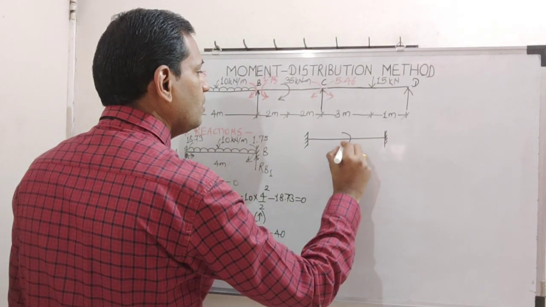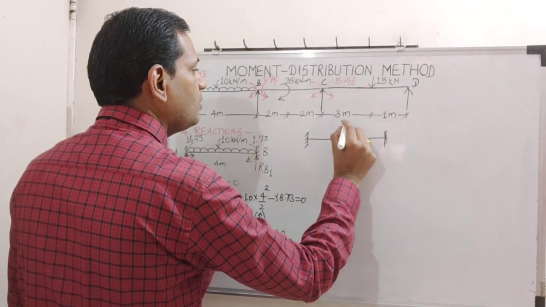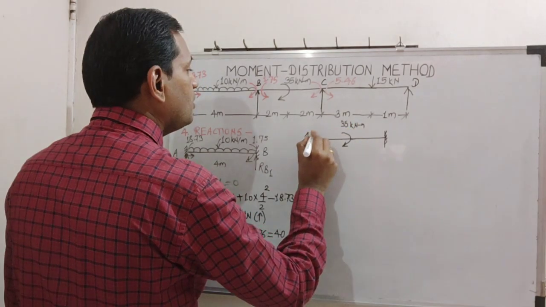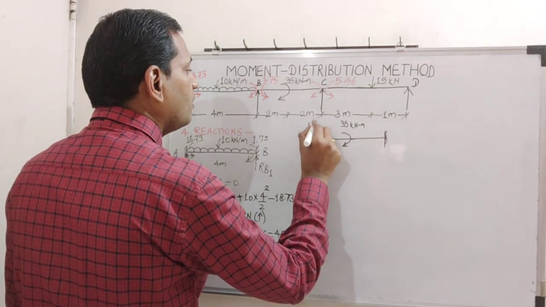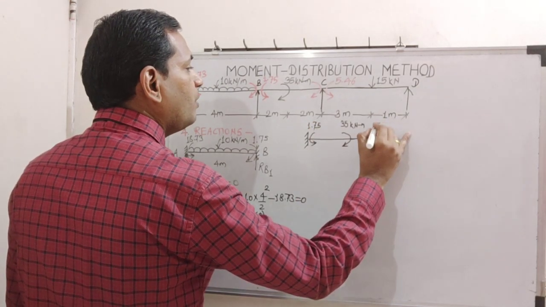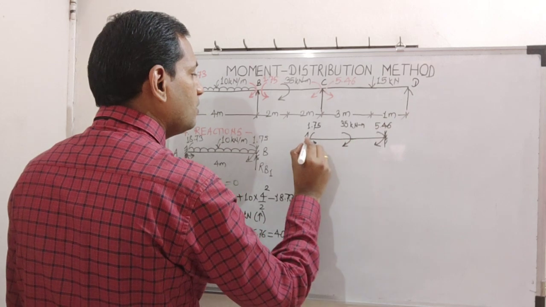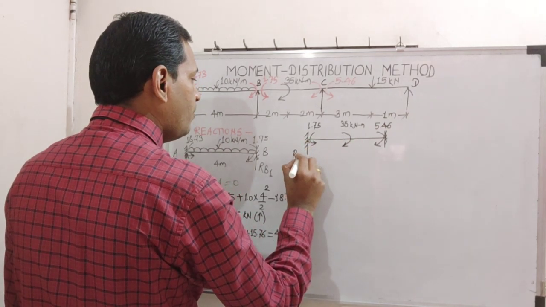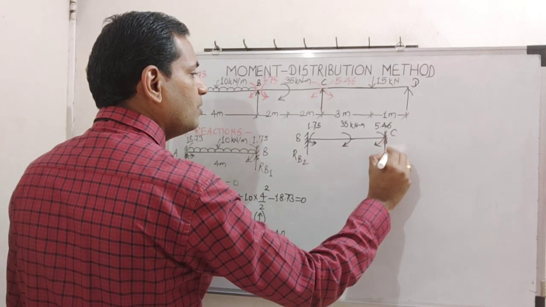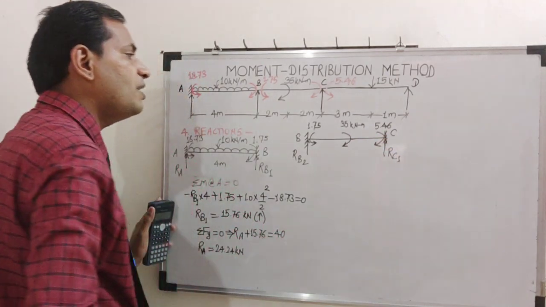So here we have this clockwise couple of 35 kilonewton meter. This is 1.75 anti-clockwise, this is 5.46 clockwise. We will say this is RB2 because there are two reactions on joint B. This we will call RC1.